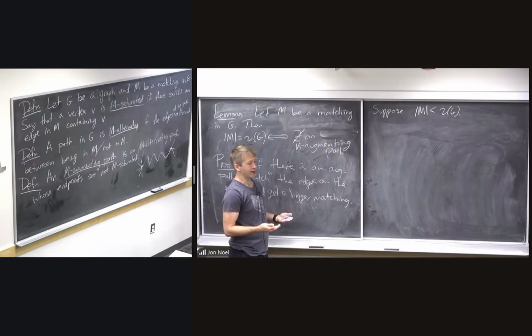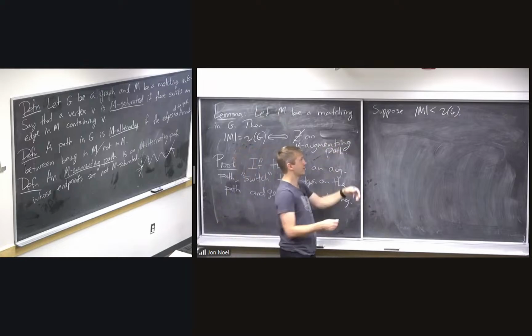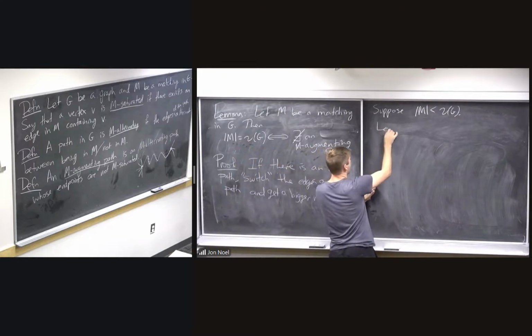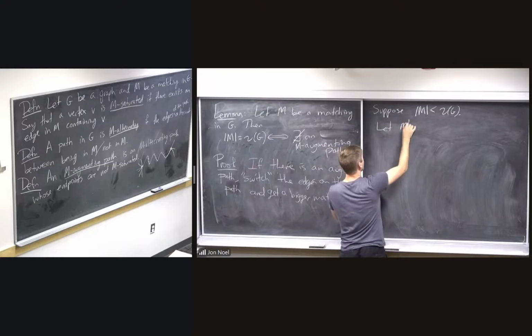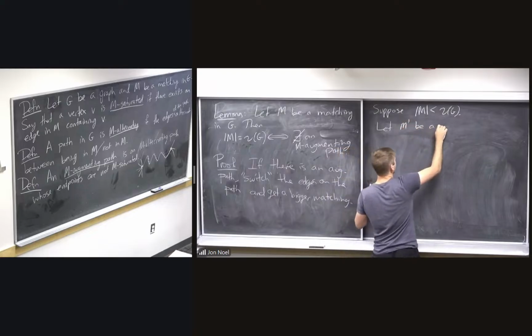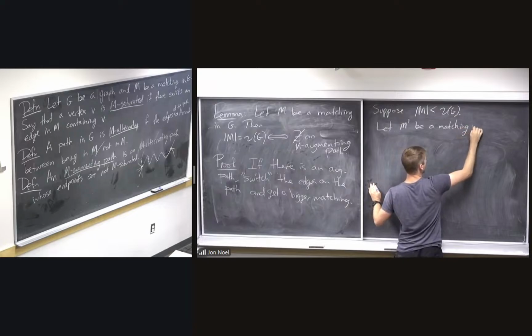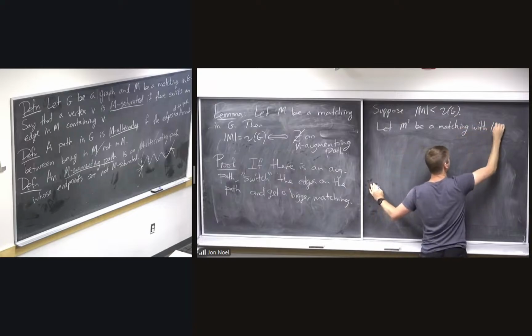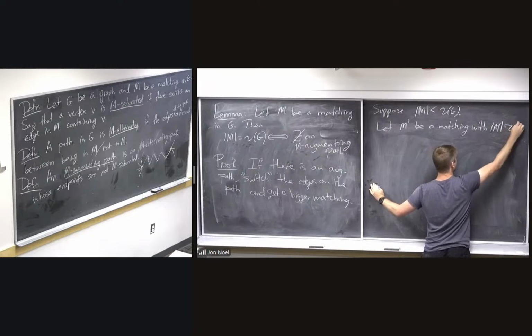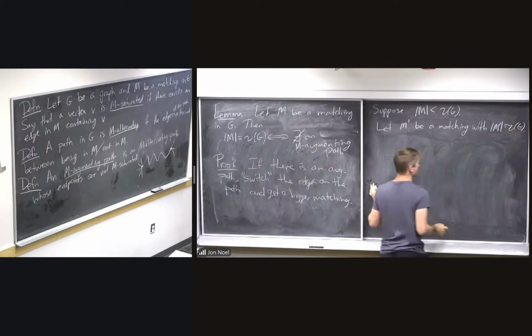There's a simple trick for this. M is smaller than nu of G, so there is some matching that's bigger than M. Let's look at that matching. So let M prime be a matching with cardinality equal to nu of G. So it's bigger than M.